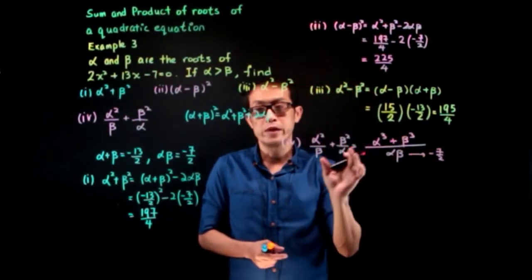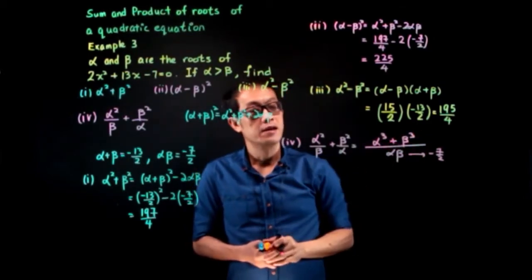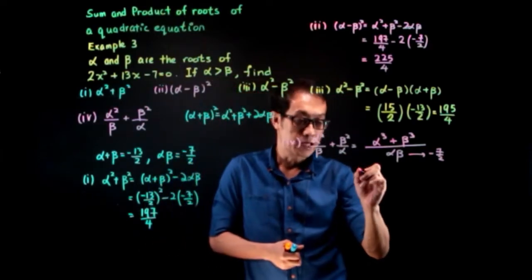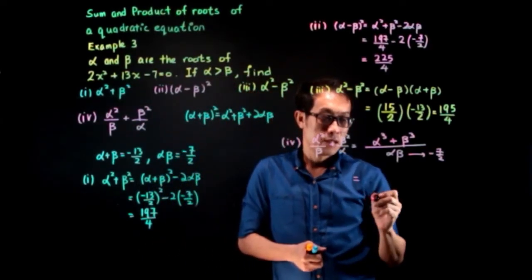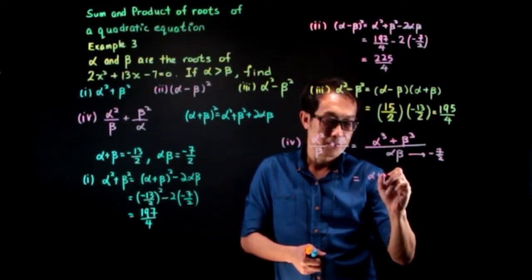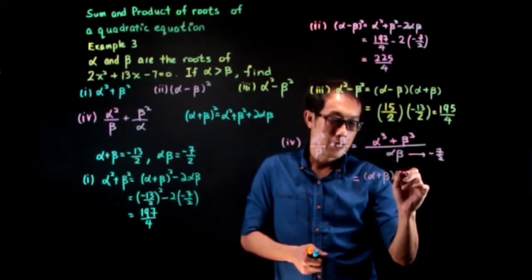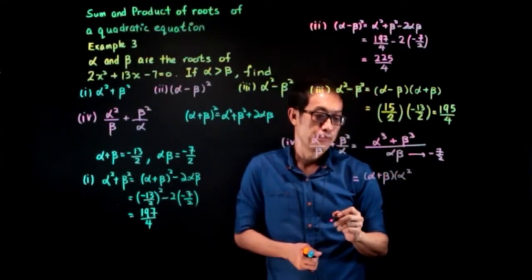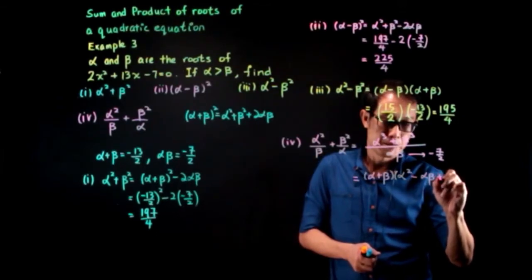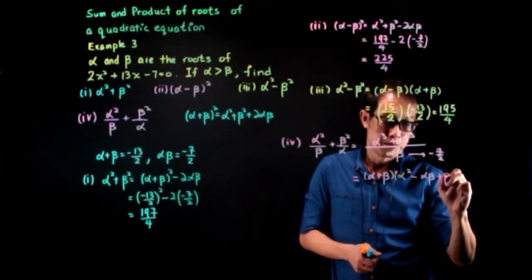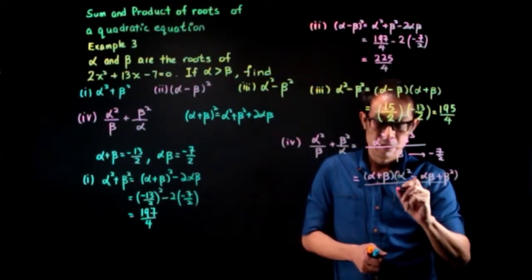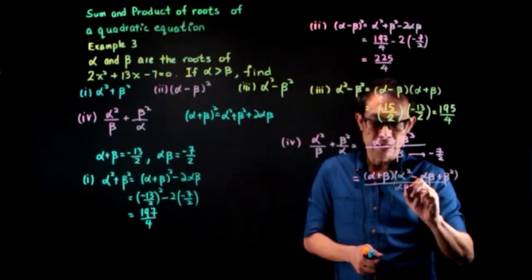Now, how do we find this value? I think in school you all learn this identity. This can be expressed as alpha plus beta times alpha squared minus alpha beta plus beta squared, over alpha beta.